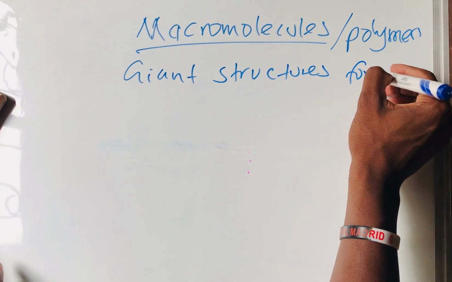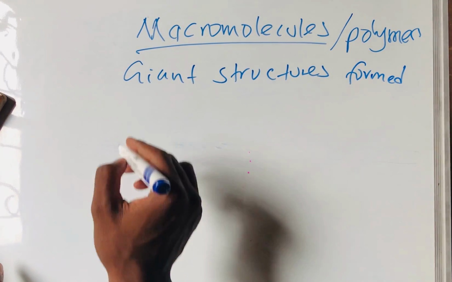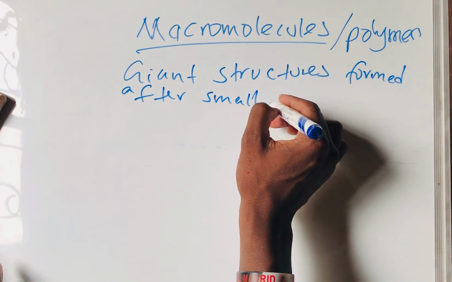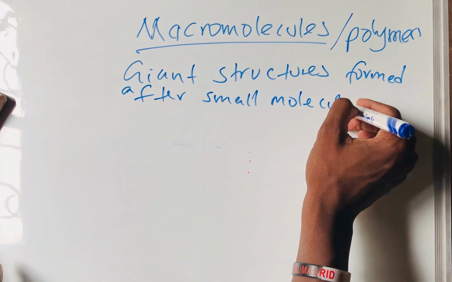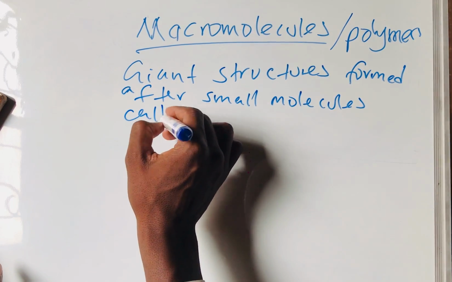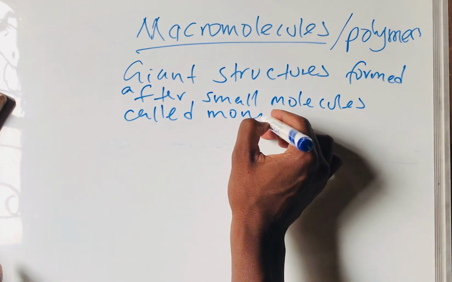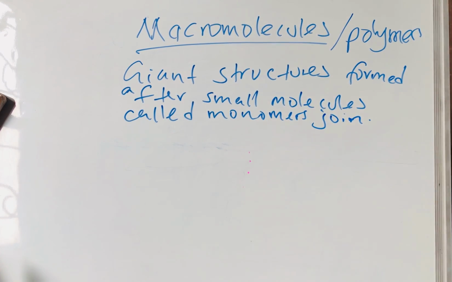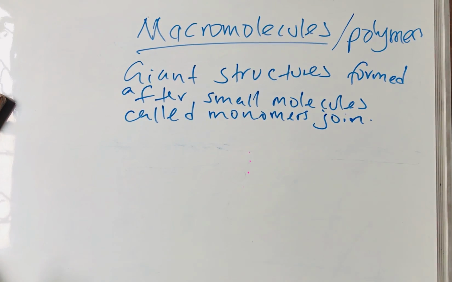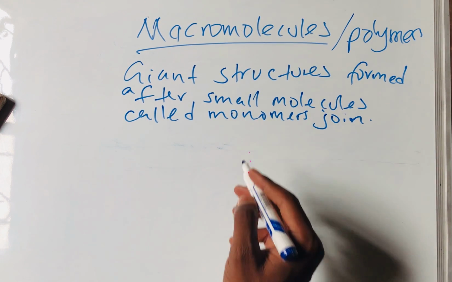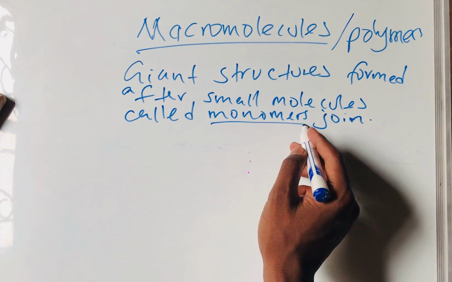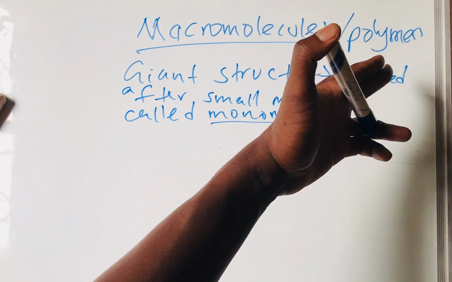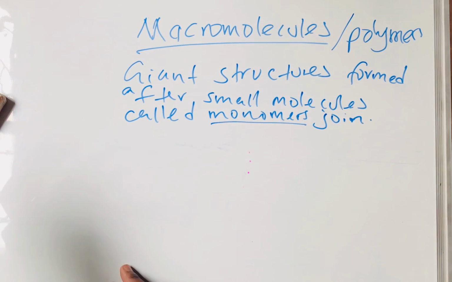So when these small molecules known as monomers join together, they form what we call polymers or macromolecules.